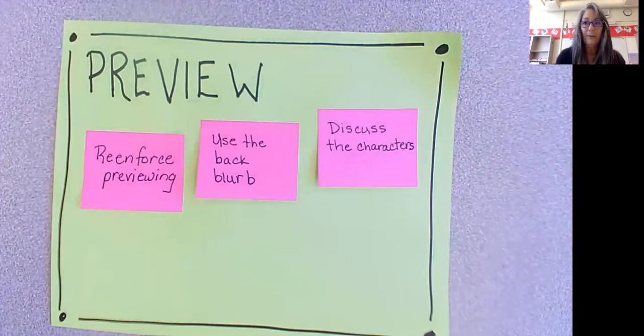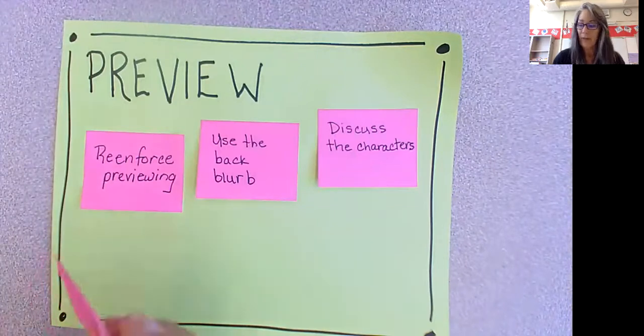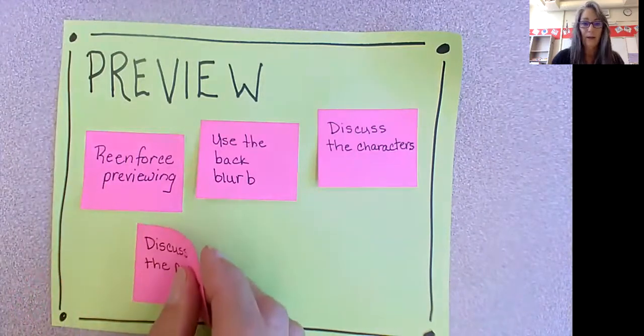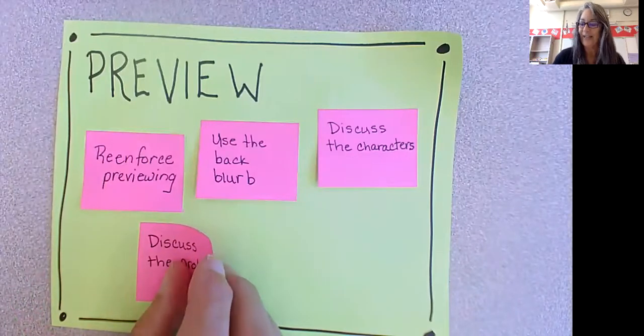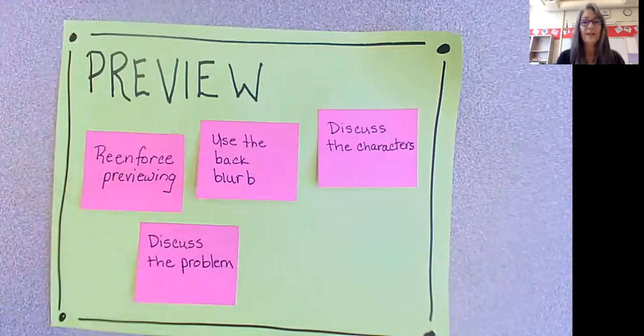After they've read the back blurb to you, you'll know a little bit about the characters and it'll give you a little leg up and you'll be able to dig in and have a little conversation. So a preview conference could be great for starting a discussion about what do they already know about a character. Have they gotten anything out of the first third of the book that they're reading that they could tell you about the character?